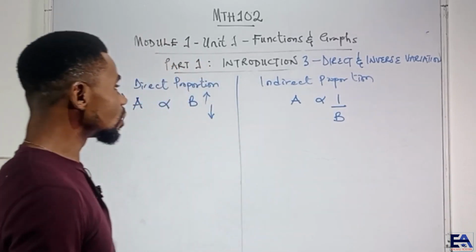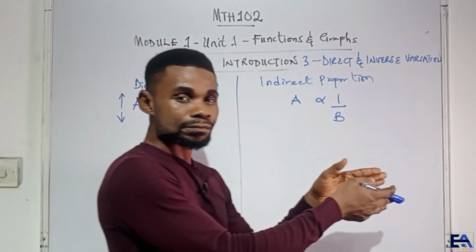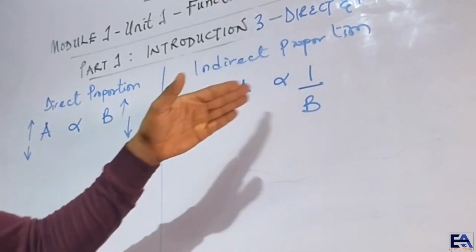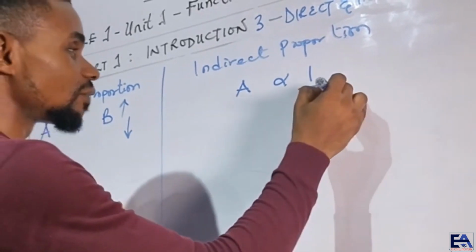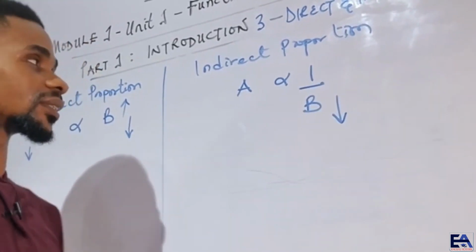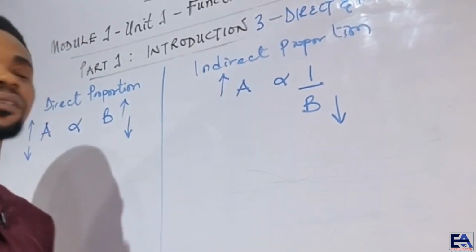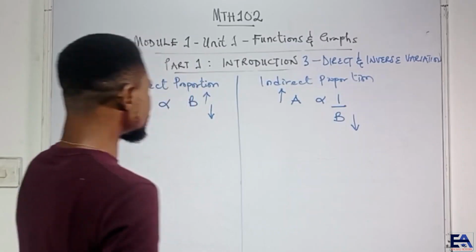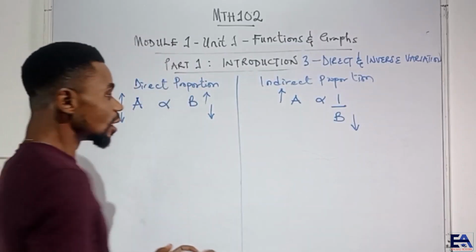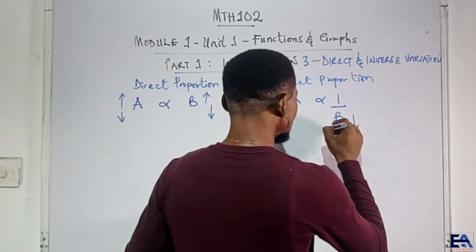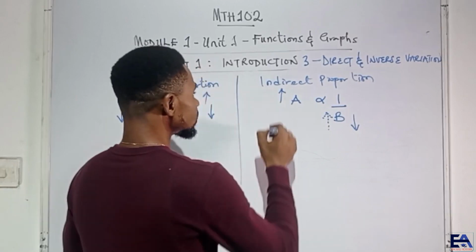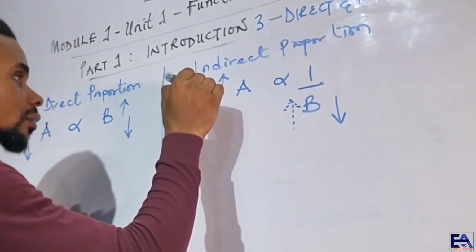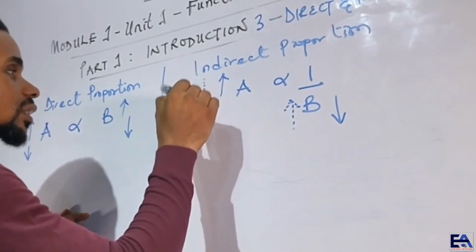But on the other side, we have this indirect proportion. Just trying to make us understand that if B decreases, A will increase. But if B increases, the opposite will happen to A, which means it will decrease.